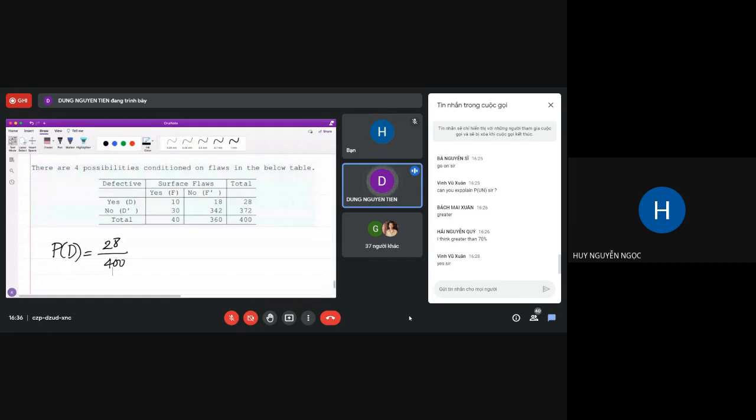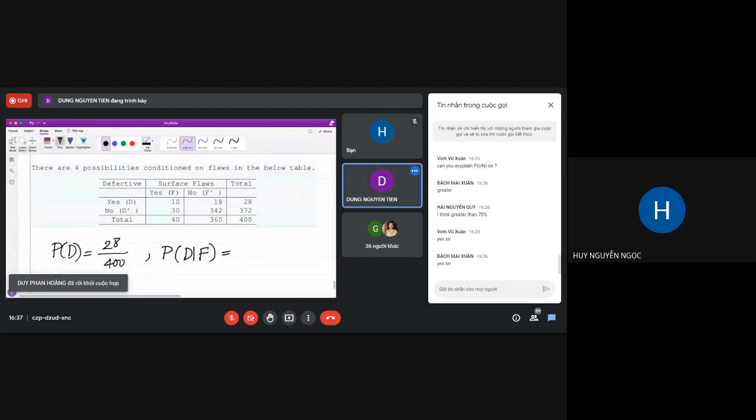Do you understand, you guys? Is that clear? Okay. And now, if you find some surface flaws, what is the probability that it is a defective item? Do you think that it is greater than, the same, or less than 28 over 400?